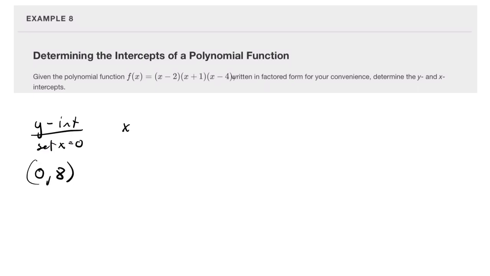Okay. And then for the x-intercept, we set y equal to 0 and solve. So since it's already factored, then we can quickly identify what values of x make this 0. So then it looks like it's going to be negative 1, 2, and 4.